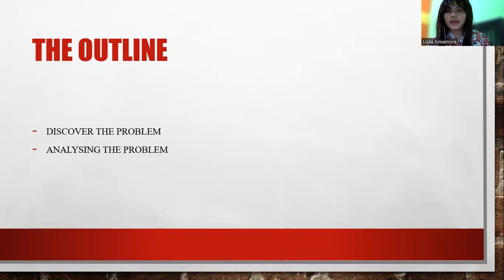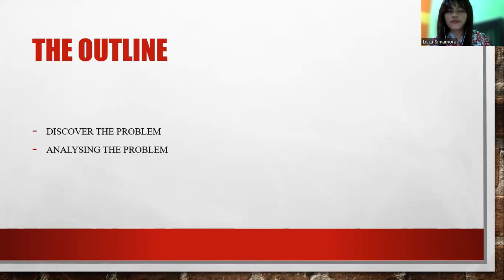So today we have two topics. First, we have to learn about how to discover the problem, because actually there are so many ways to discover the problem. It can be by planning, or it can be accidentally. And the second one, after we discover the problem, is we have to analyze the problem.